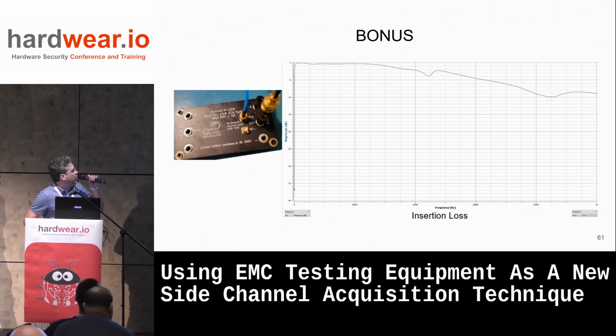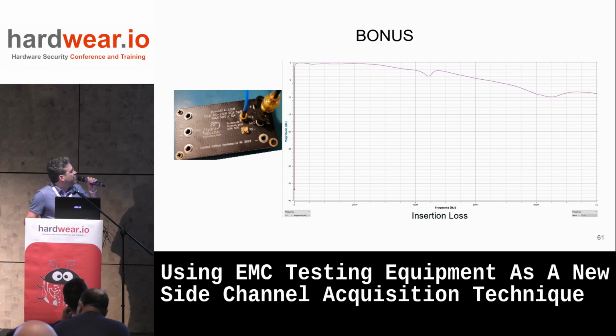So we see the insertion loss is very good, up to 400 megahertz. Even more, in fact.